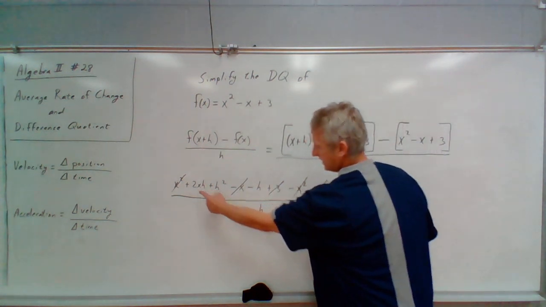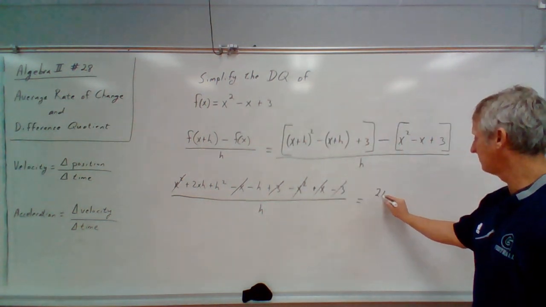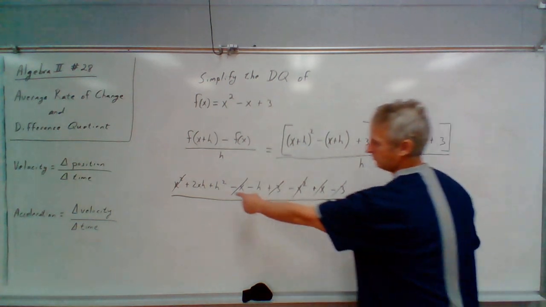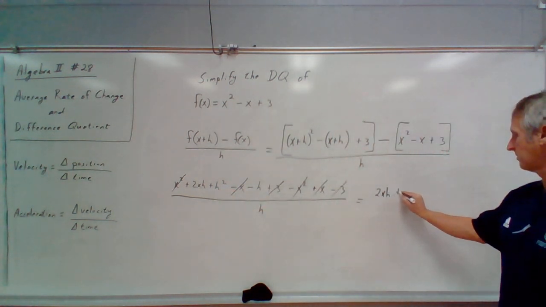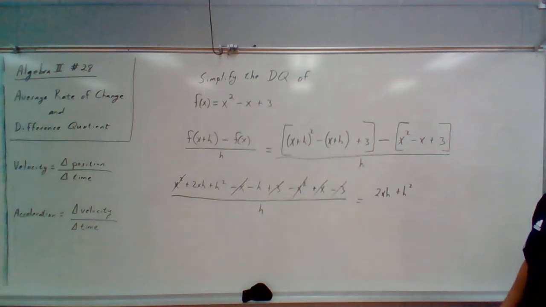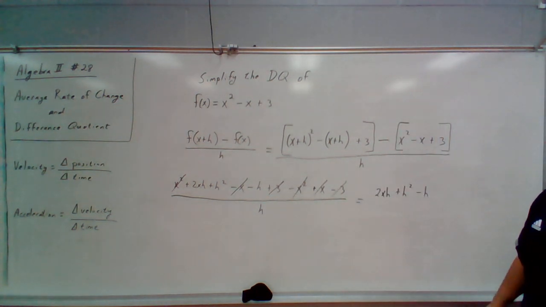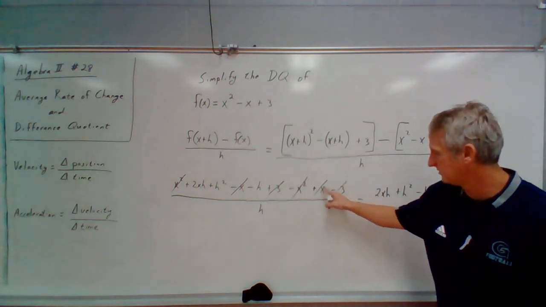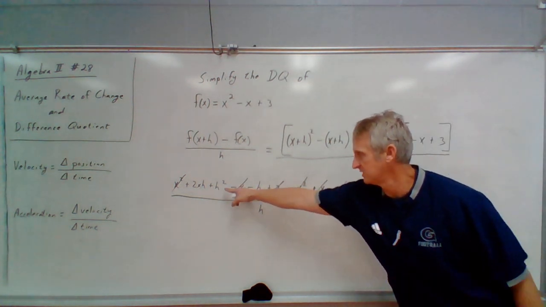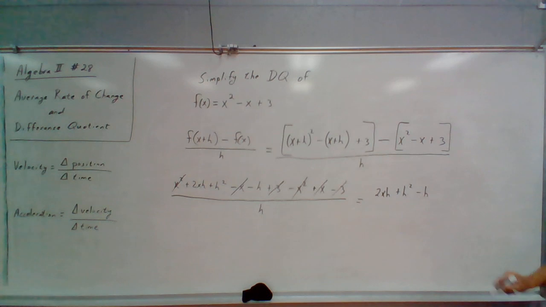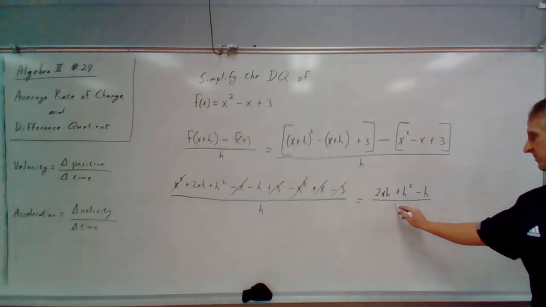All right, let's see what I have left then. So I have 2xh plus h squared minus h, and that's it. Everything else is gone, right? And it's still all over h.